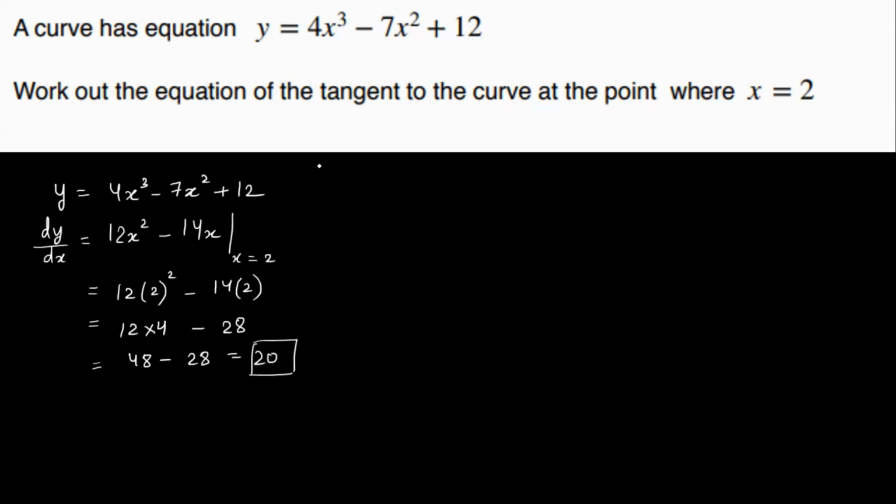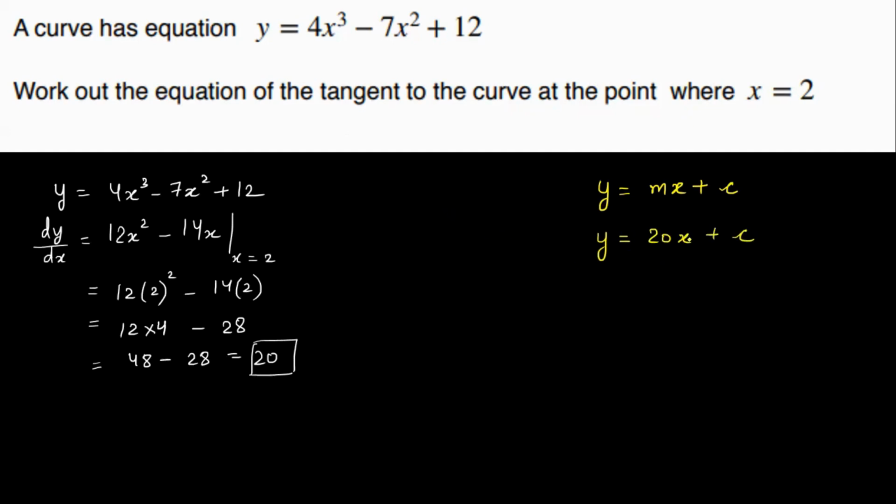Now let's find the equation. The equation of the tangent we know is a straight line, y equals mx plus c, and the gradient is 20, so y equals 20x plus c.